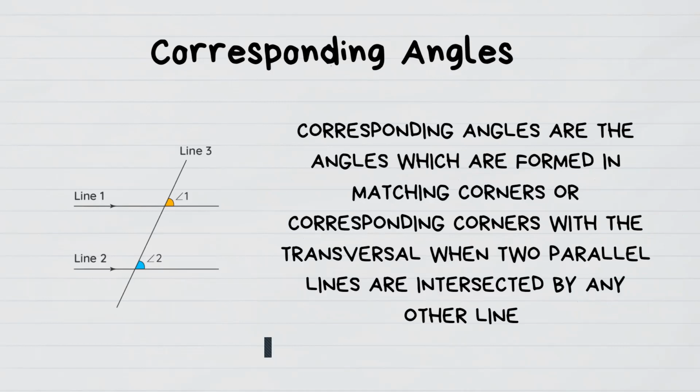Corresponding angles are the angles which are formed in matching corners with the transversal when two lines are intersected by another line. In the example shown here, from the first line, which has been labeled 1, and from the line labeled 2, it has the matching position in the same area, and it forms an F shape. These are called corresponding angles.